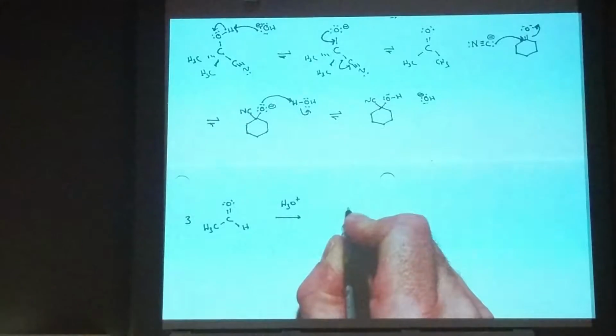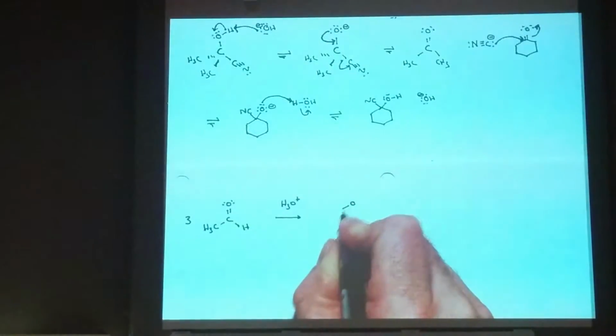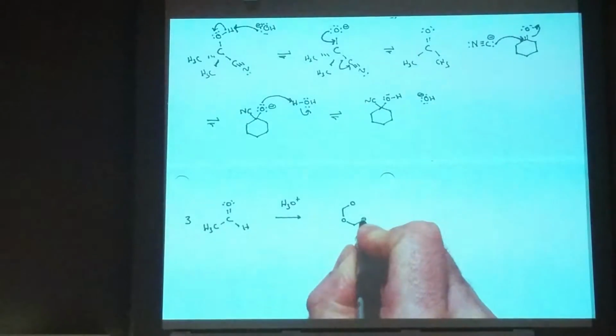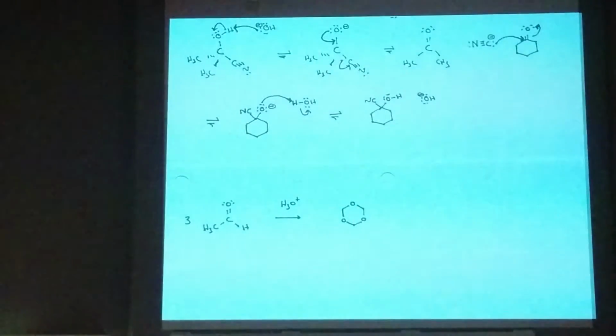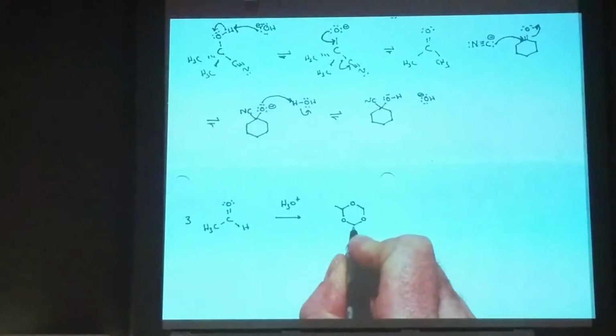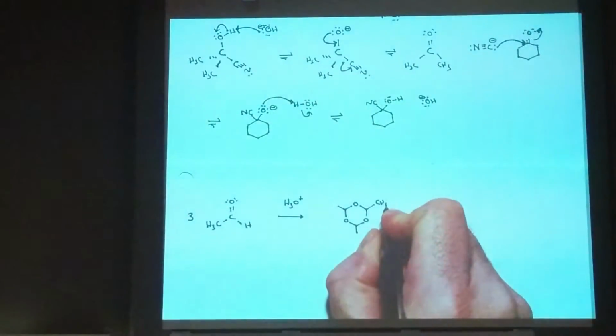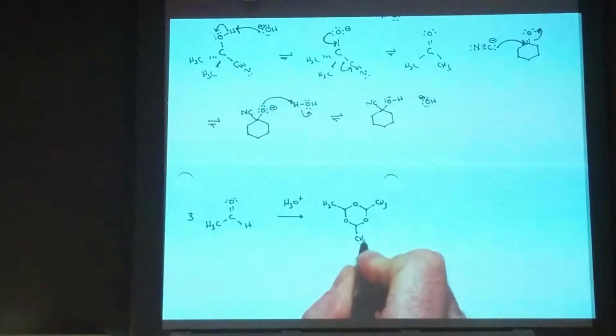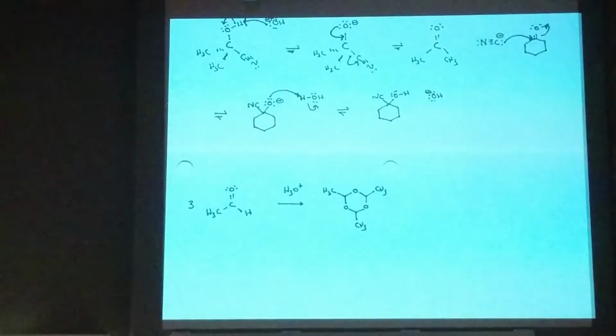We end up getting this cyclic product, which happens to have the common name paraldehyde.